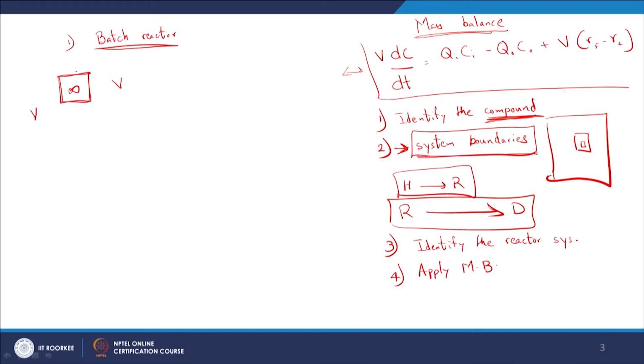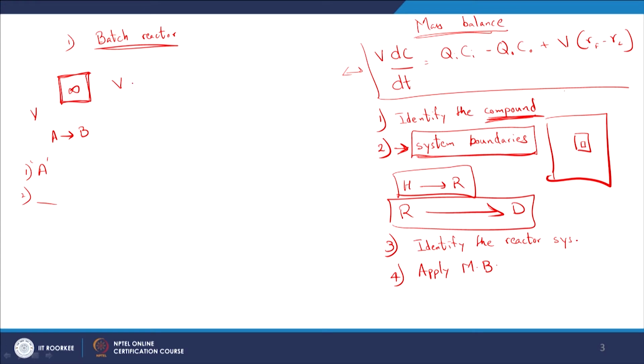Let's say I am conducting the mass balance on a compound A, which is being lost and transforming into B. So first, I identify my compound, compound A, and the second aspect is identifying the system boundaries, which I have done. Let's say it's the beaker in the lab. Then I identify the reactor system, and I know that it's a batch reactor.